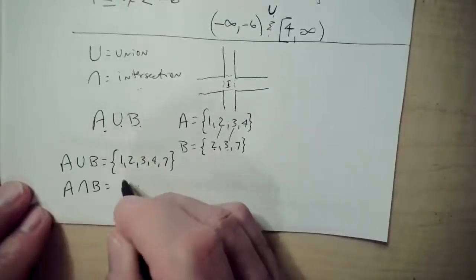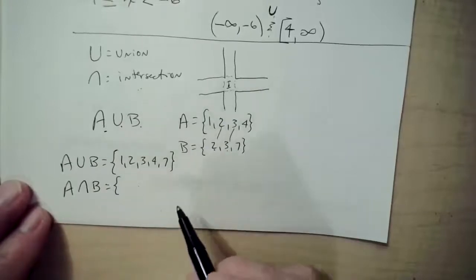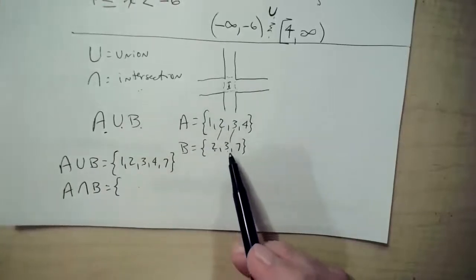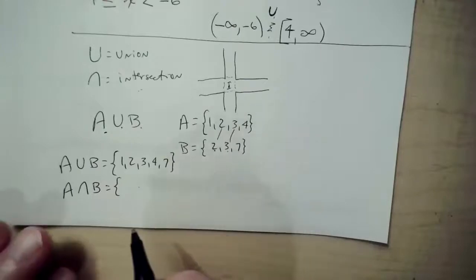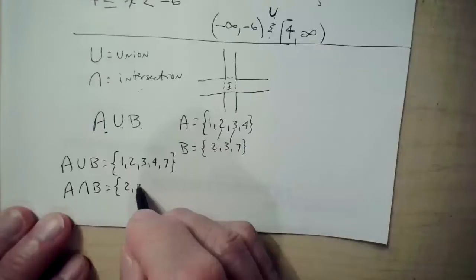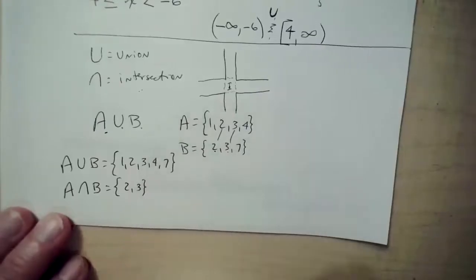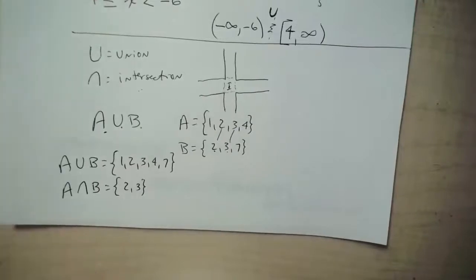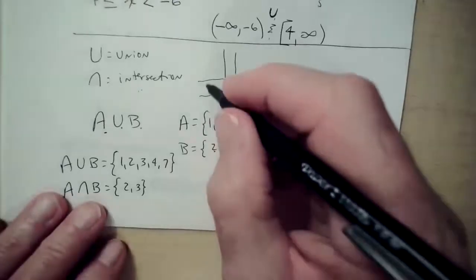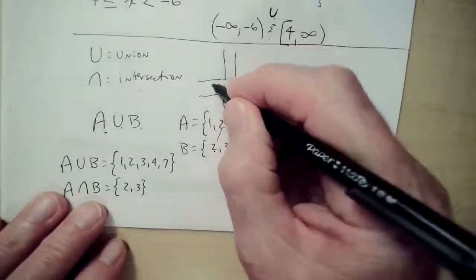Okay? Now, what if we have A intersect B? In other words, which numbers are in both sets of numbers? Two and 3, right?